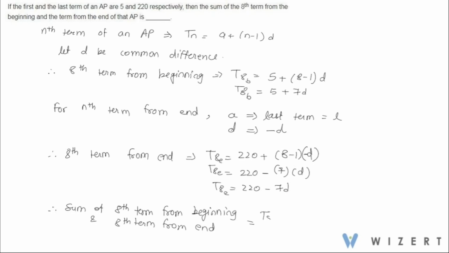So T8b plus T8e is going to be equal to 5 plus 7d plus 220 minus 7d.